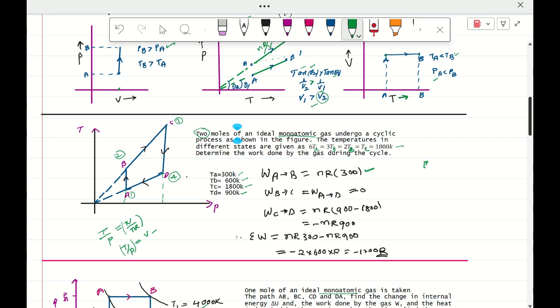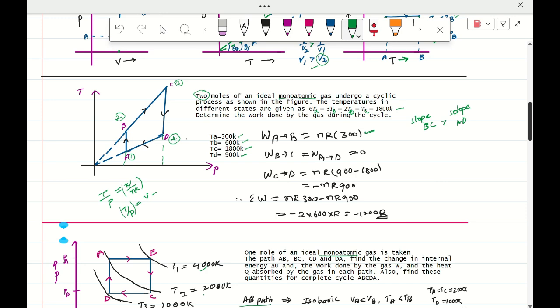The slope of line BC is greater than the slope of line AD. Therefore, the slope of T-P gives a direct relation to volume. Therefore, VB and VC are both the same, and that value of VB or VC is greater than VA or VD. I hope you understand this, right?